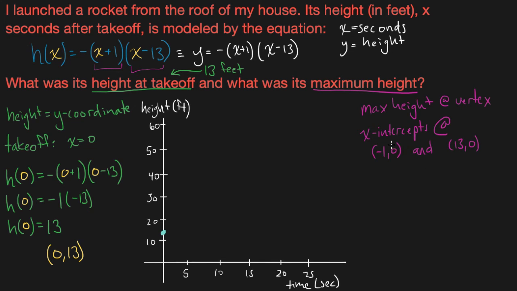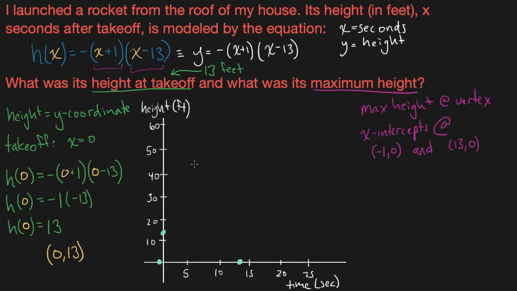So these are my two x-intercepts. Those are the points on the graph where the parabola crosses the x-axis. And so I will mark those here. So we have one at -1, which is about right there, and then another one at +13, which is about right there. So I have my y-intercept, I have my x-intercepts.